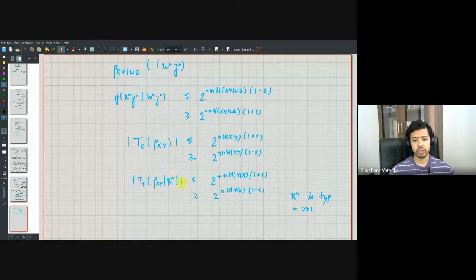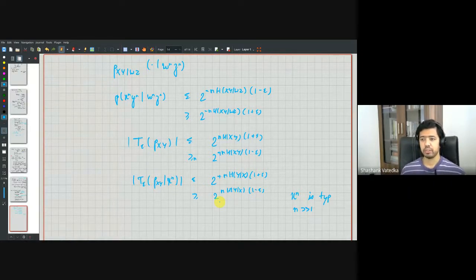So whenever you're conditioning with respect to a particular xn or a particular wn or a zn, then you'll have an entropy of Y given X corresponding to those variables with respect to which you're conditioning, and whatever you're drawing randomly, or the set of sequences that you're considering, will appear over here. So that's probably an easy way to remember what the right exponents should be.